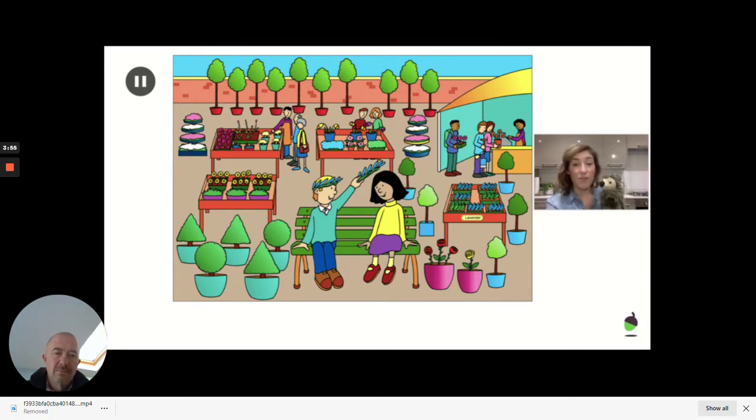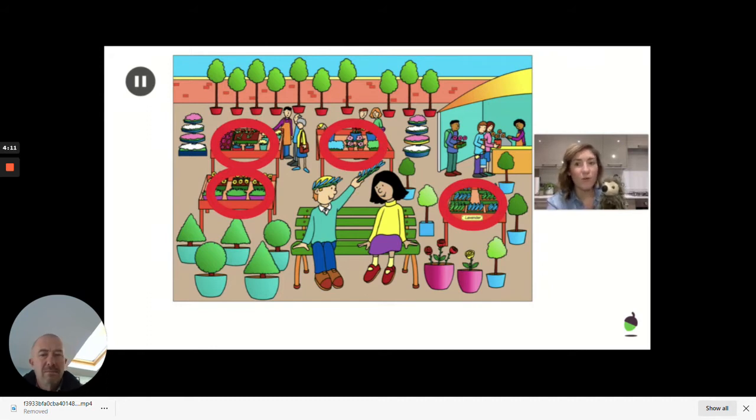That could have been the 4 that you found. Was there anything else that you found 4 of? I spied with my little eye that there were 1, 2, 3, 4 tables in the picture. I'm sure there's lots more 4s that you might have found as well. You can pause the video and keep finding some more 4s if you want. But afterwards, we're going to get started on the rest of our lesson.